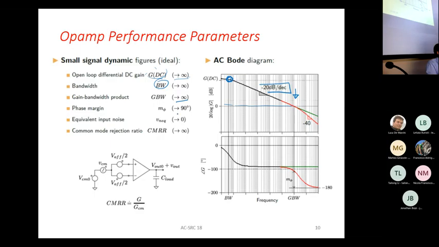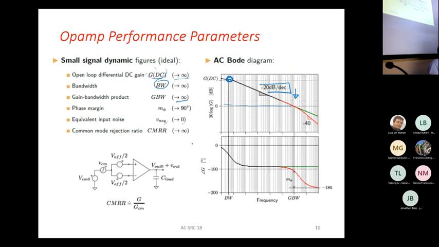Phase margin, well, ideally we want a very high phase margin, possibly around 90 degrees, to avoid any overshoot effect in the frequency response or in the step response. But again, this is not the case. Equivalent input noise should be 0 for an ideal circuit, but there is no such thing as an ideal circuit. So our input noise, as you have seen also in the specification for the first project, will be different from 0.